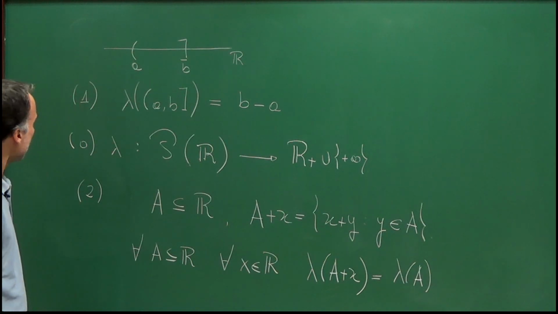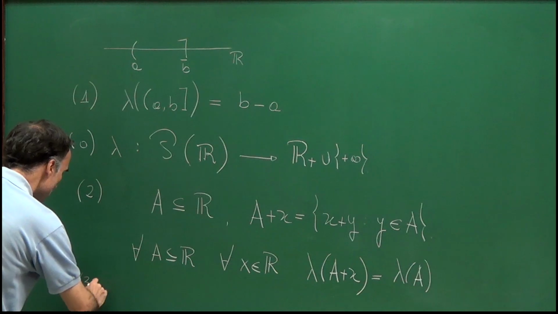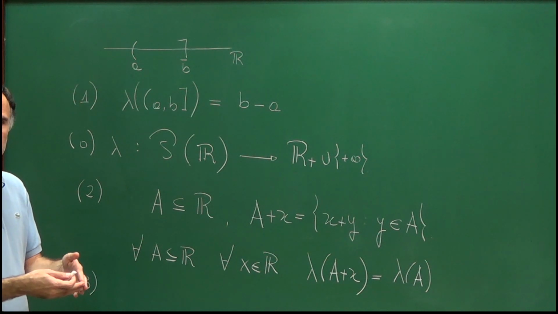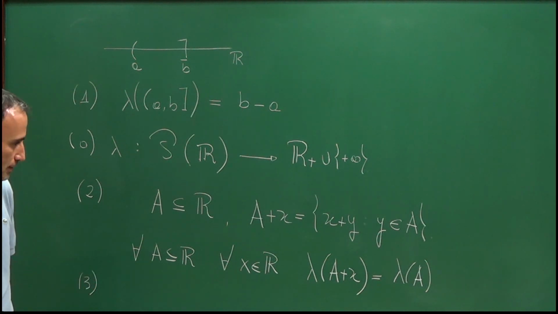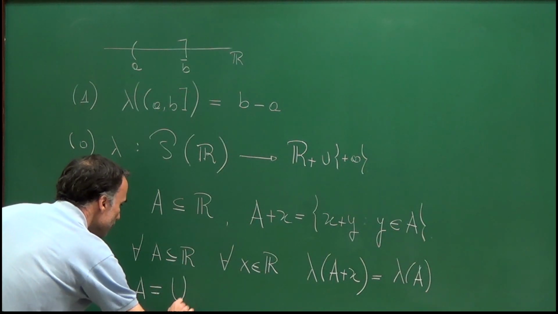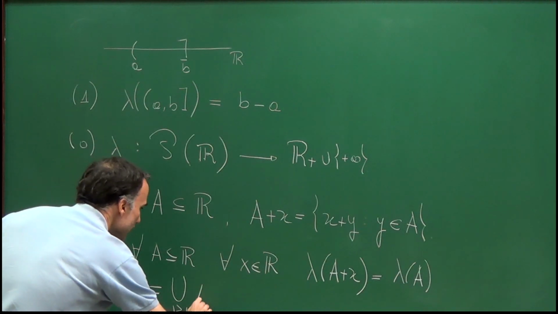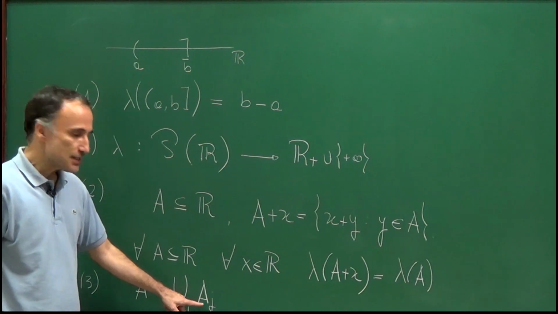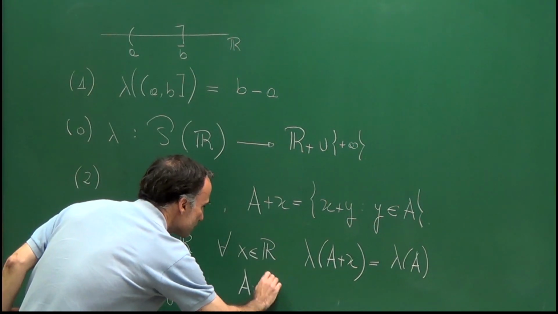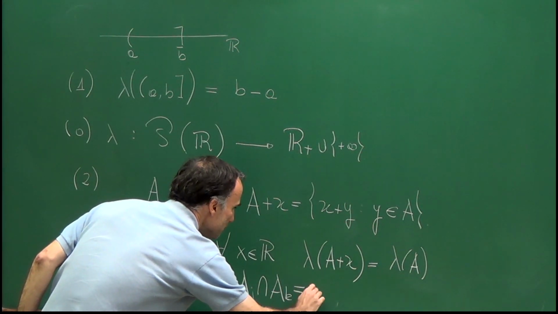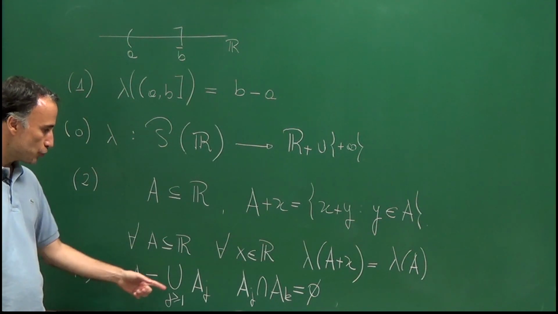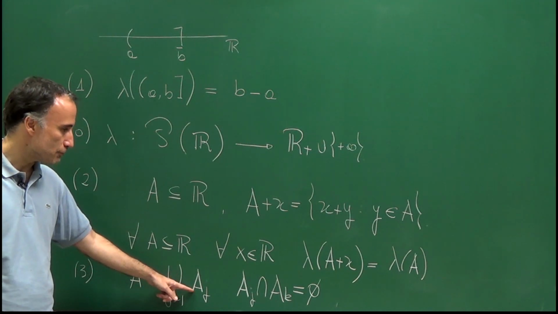And then there is a last condition, which is also quite natural: if a set A is a union of disjoint subsets, so let's say that A is equal to the union of Aj, and if these sets are disjoint two by two, which means that Aj intersection with Ak is empty, it's natural to ask that the measure of A be equal to the sum of the measures of the sets Aj.